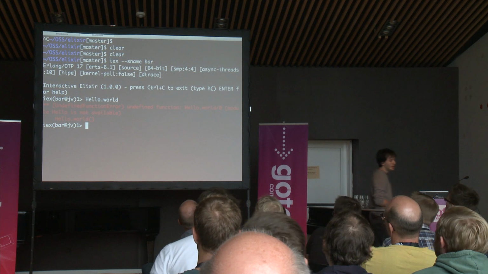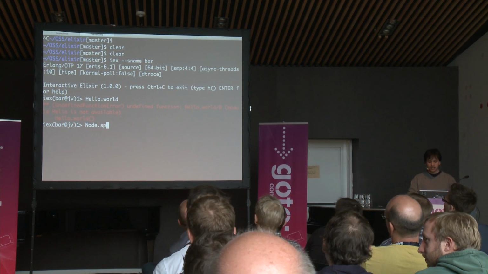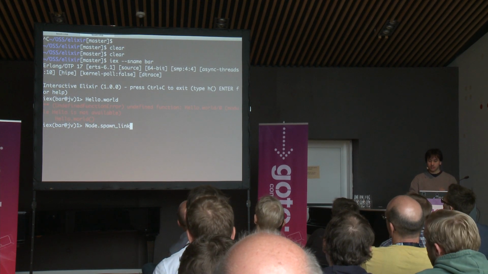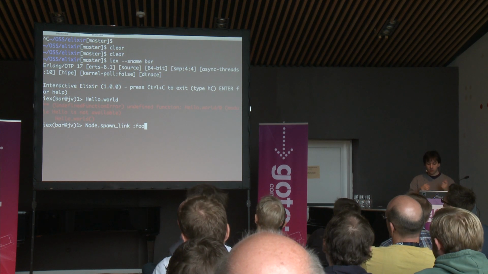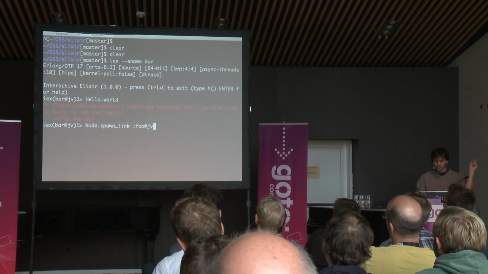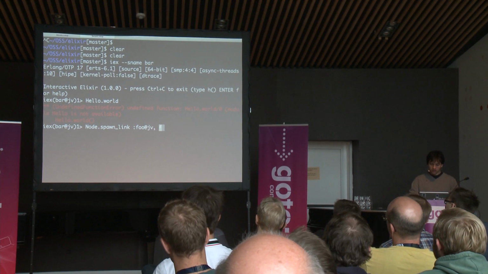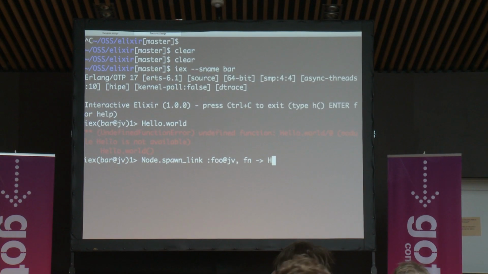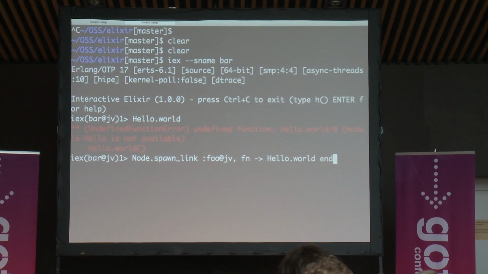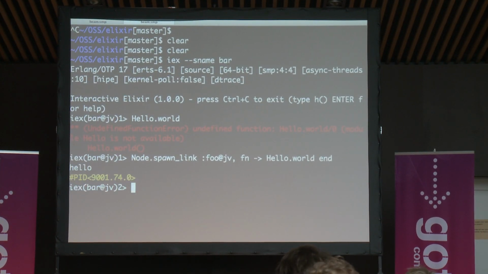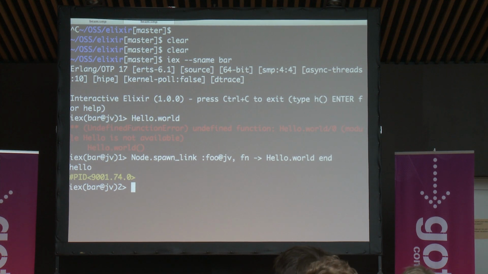It's not available here. But what I can do is very easily spawn a process in the other node. I just say I want to spawn a process in the node named foo@jv. And what this process is going to do is just execute this function, which calls Hello.world. And when I run it, you can see that now it works.